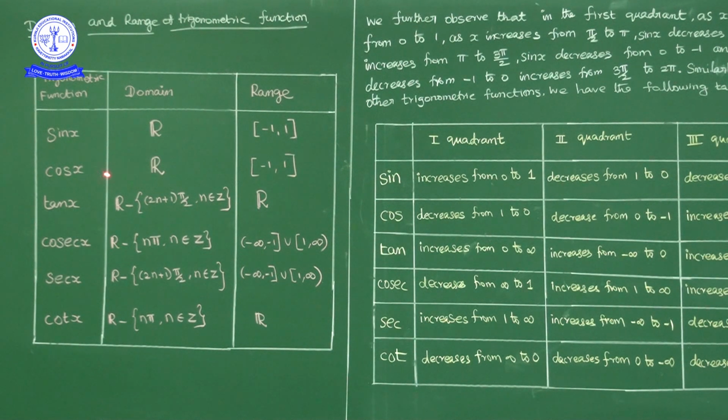Range wise, tan x and cot x have the same range, that is all real numbers, minus infinity to plus infinity. Whereas cosecant x and secant x have the same range, that is minus infinity to -1, with -1 included, union 1 to infinity, with 1 included.